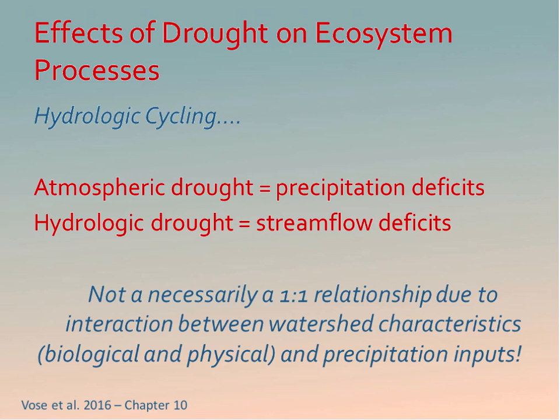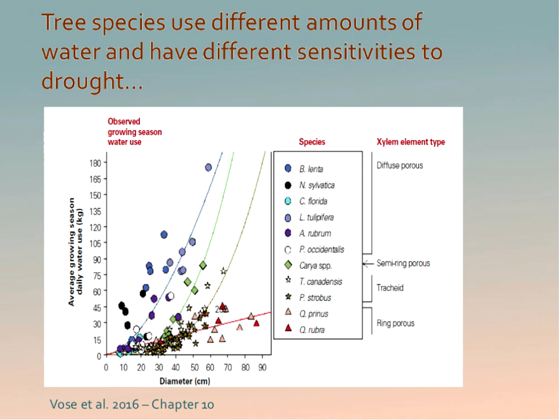But in forested systems, the relationship is not necessarily 1-to-1 because the watershed characteristics, in this case the tree species and their water use requirements, but also the physical characteristics, interact with that precipitation and may make one particular system more or less vulnerable to changing drought regimes than another. So it's not necessarily a 1-to-1 relationship. That precipitation is moderated by the existing vegetation on the watershed or on the stand.